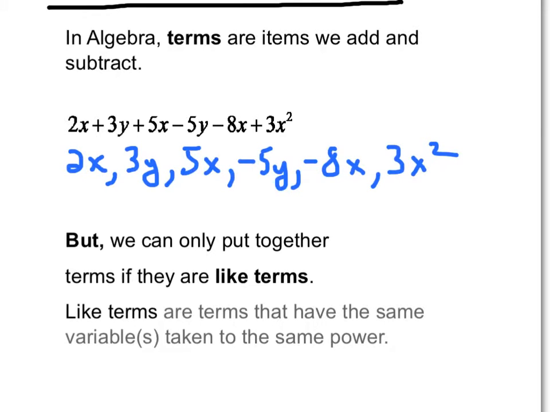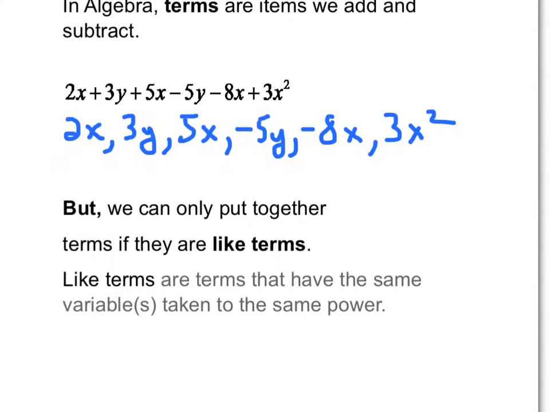But look all the way over here, this power of x is 2. So the like terms for this expression are going to be 2x, 5x, and negative 8x. They are all terms that have the same variable, in this case x, taken to the same power, in this case 1.